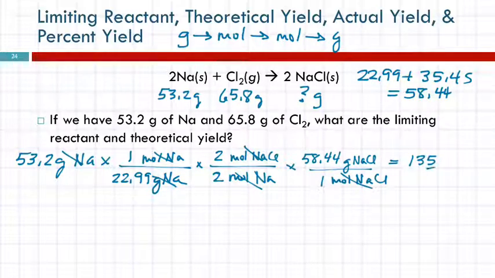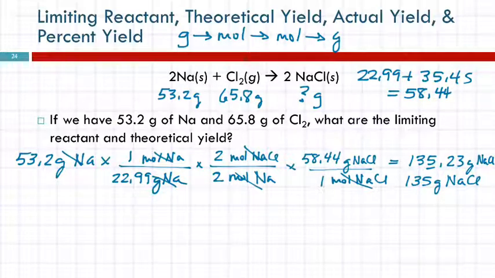So 135 grams of sodium chloride could be made. I don't know if that's my final answer or not, because maybe this amount of chlorine will make less. So I have to do another calculation.